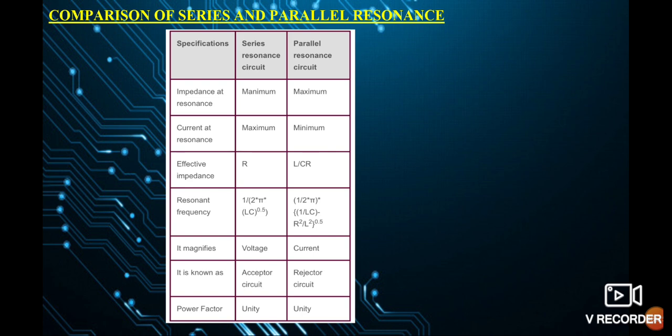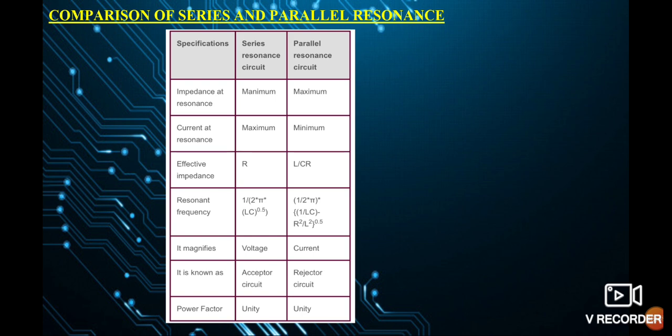The effective impedance is R, but for a parallel resonance it is L by CR. And the resonance frequency is 1 by 2 pi root LC for a series resonance circuit, and for a parallel resonance circuit it is 1 by 2 pi root of 1 by LC minus R square by L square.